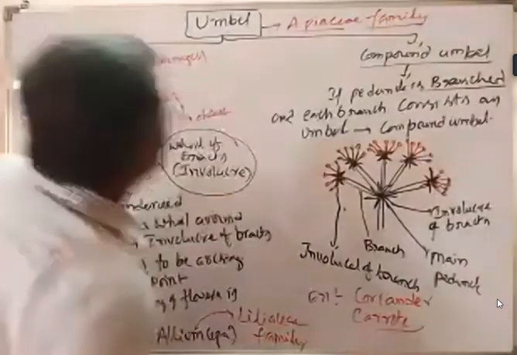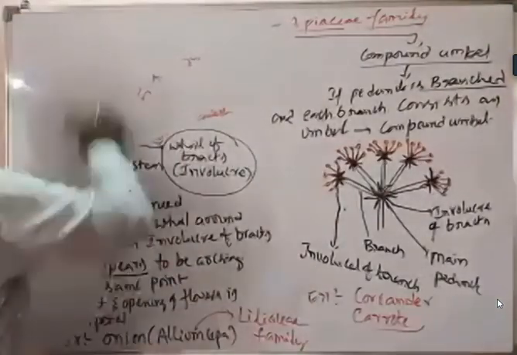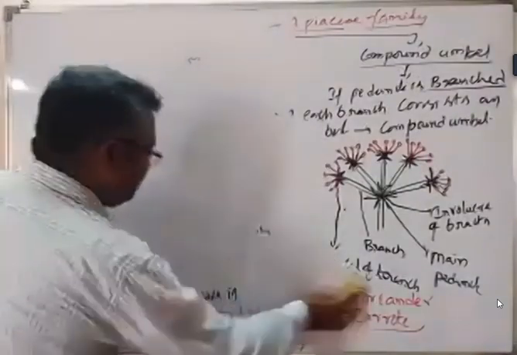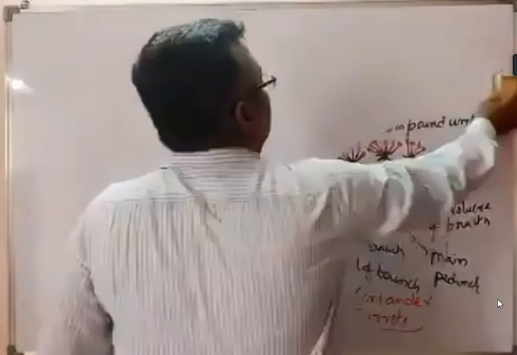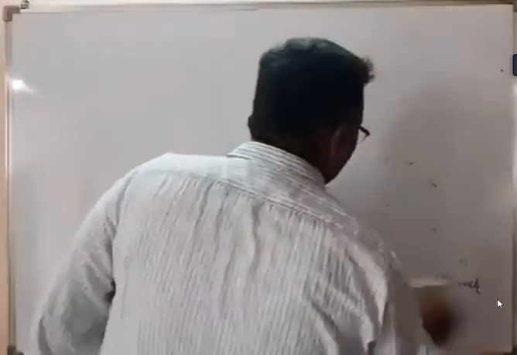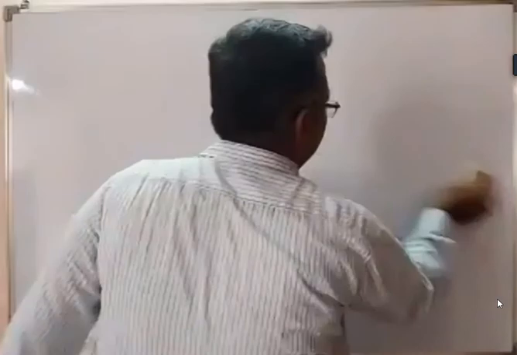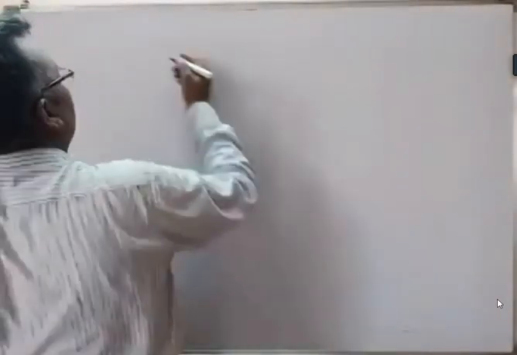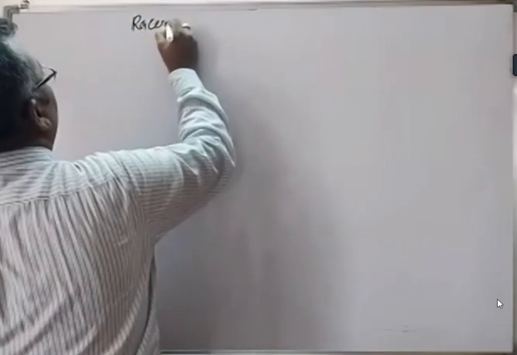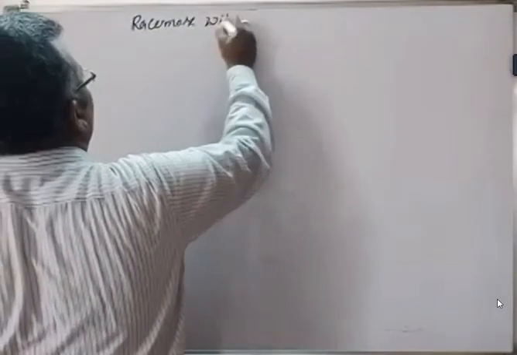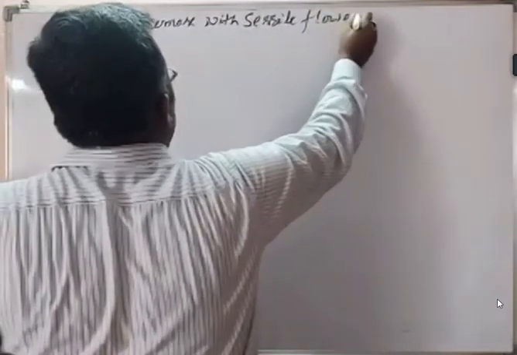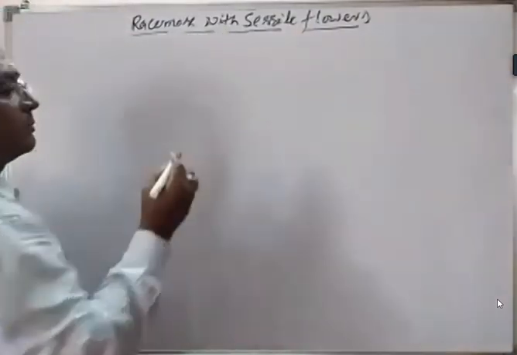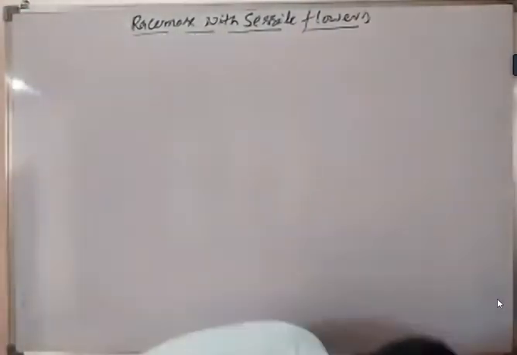So with this, racemose with pedicellate flowers is completed. Next, racemose with sessile flowers.